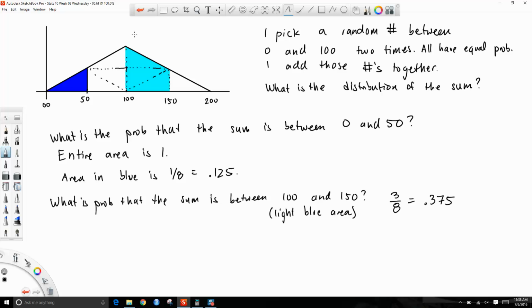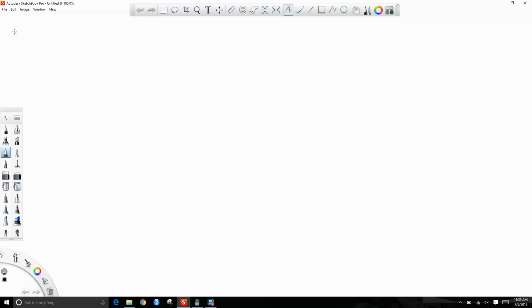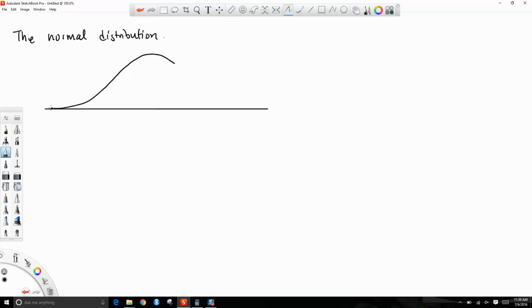Yeah? Okay, so then we have a specific probability distribution called the normal distribution, okay? And the way that thing looks, it looks kind of like a hill, okay?